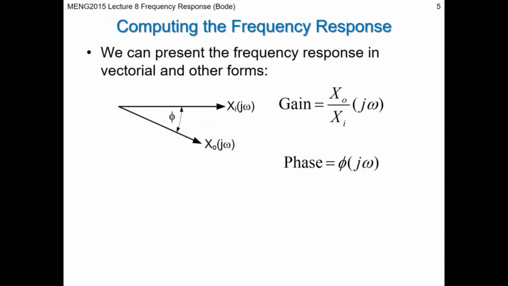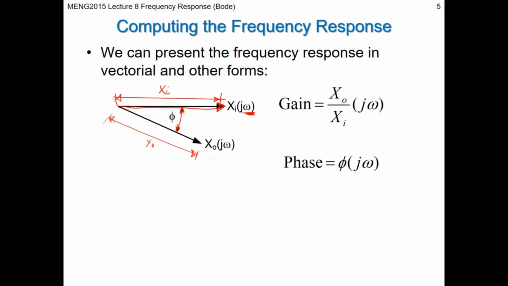We can represent it vectorially. If I represent this vectorially, I have my input vector here. Now it just looks like a line, but actually this is a frequency. So it's at an angle of 0, and it's a magnitude of x in. So we have our x in and our x out, and then you can see it also has this phase, which becomes the argument or the angle between these two vectors.